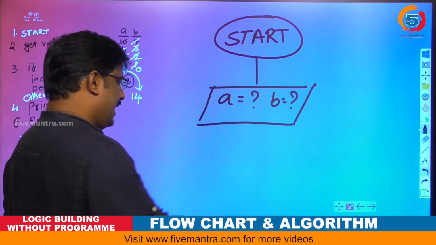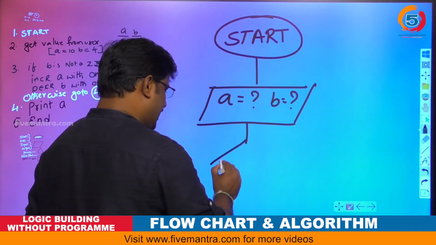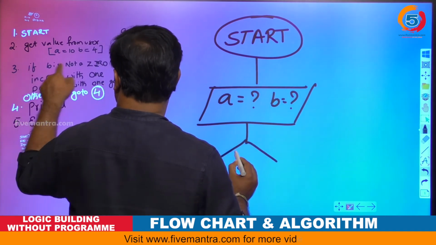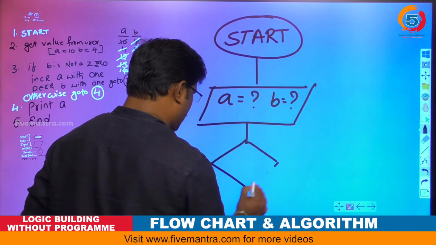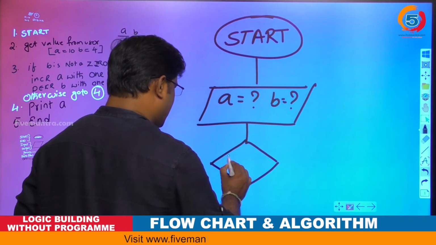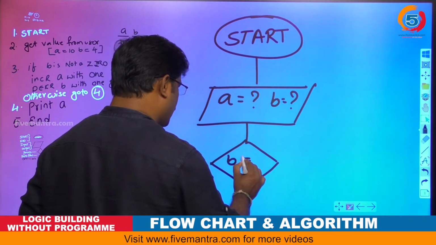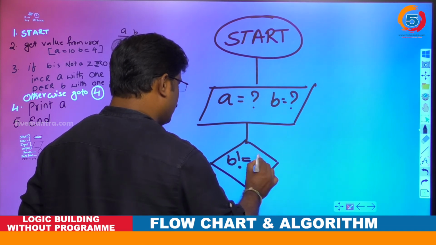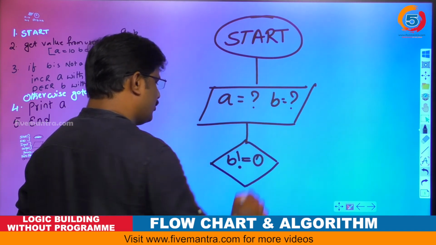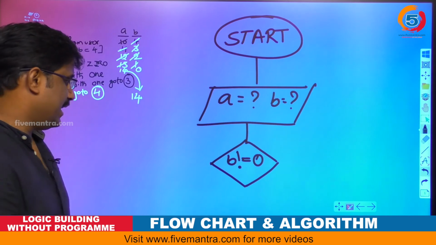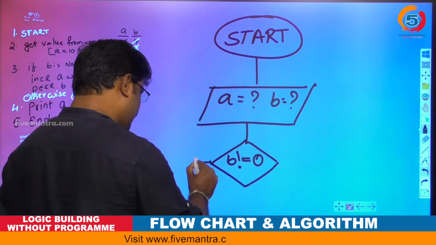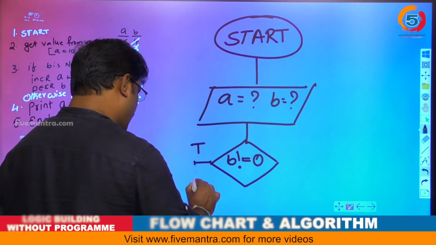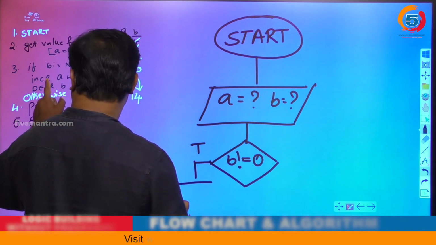Okay, in this way. Next, once I have to check. The next step is, if B is not 0, I am checking this, processing, right? Here I am checking B is not equal to 0, right? This is the 0 symbol. It is not equal to 0. Yes, if it is true, then what you have to do?